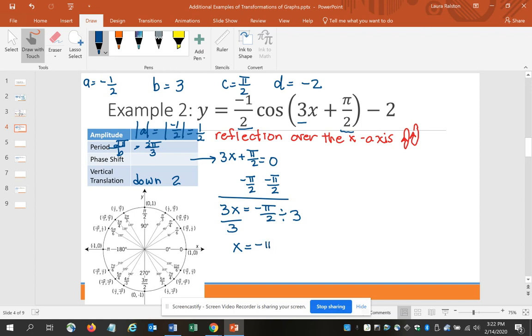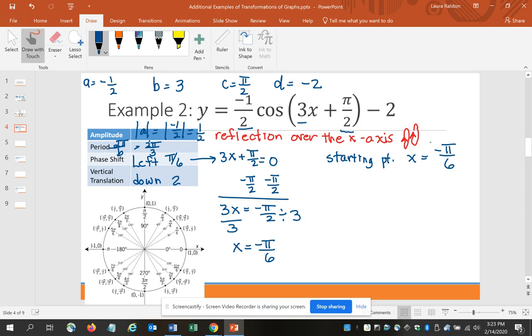So this becomes negative pi sixth. Because it's negative, that tells me I'm going to go left, and I'm going to move left pi sixth units. Okay, so that's our starting point, remember, x equals negative pi sixth.